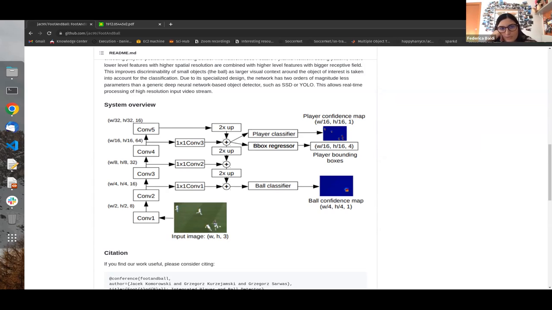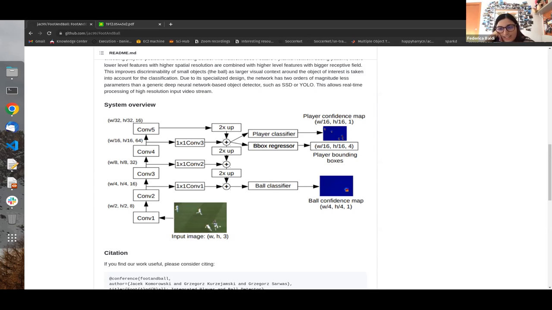If it's written in the paper, I don't know, but it seems like they're using only high-level features for the player classification, and then instead for ball classification they're using this top-down method. And it's interesting for me that to see the ball you need to have a combination of features, while for the players you only need the higher part.